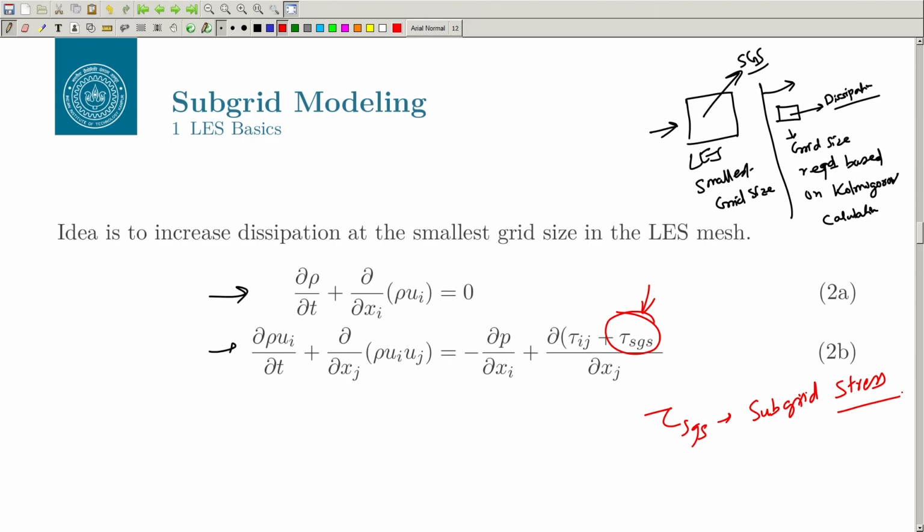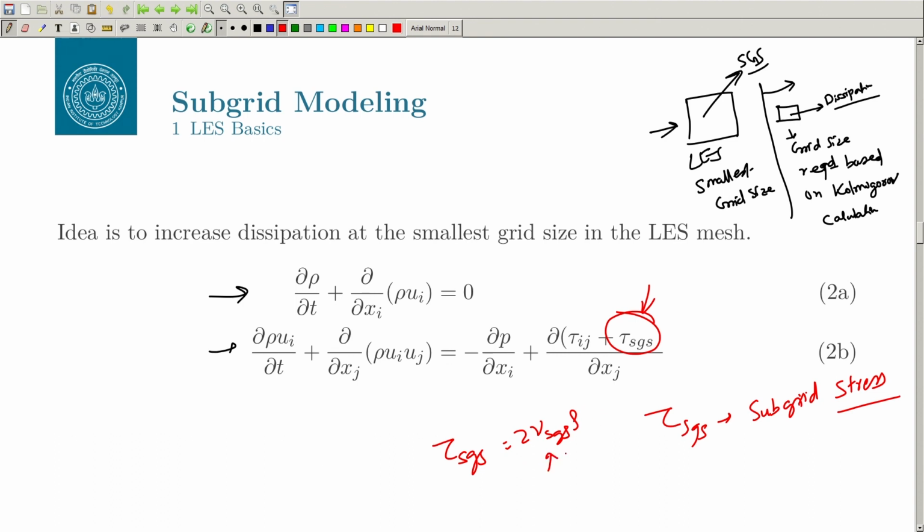All these things should be where these subgrid stresses should work. And like we had this eddy viscosity model, we can have the same argument that tau SGS can be written as 2 nu SGS rho multiplied by some velocity gradient and so on and so forth.